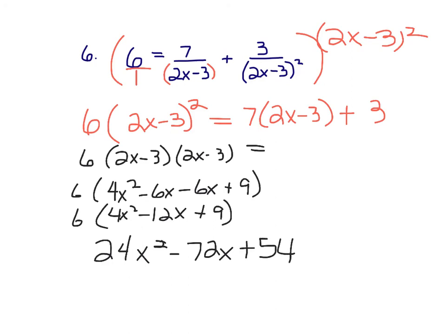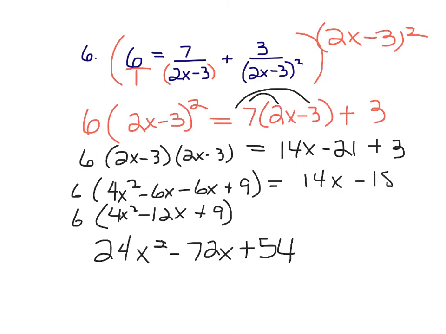Now over here I'm going to distribute the 7. 14x minus 21 plus 3. I can group the 21 and the 3. It's a -21, so a -18. Let me just drop that on down here.